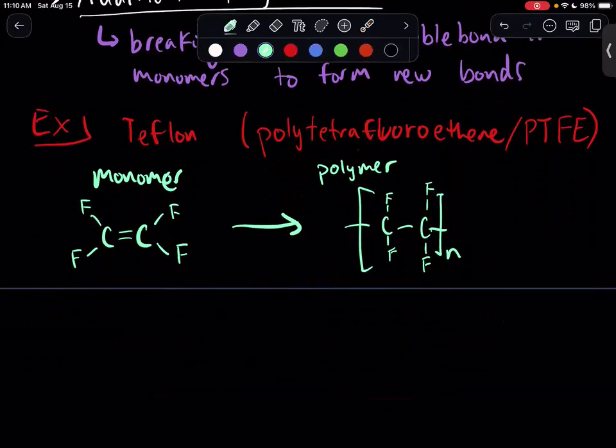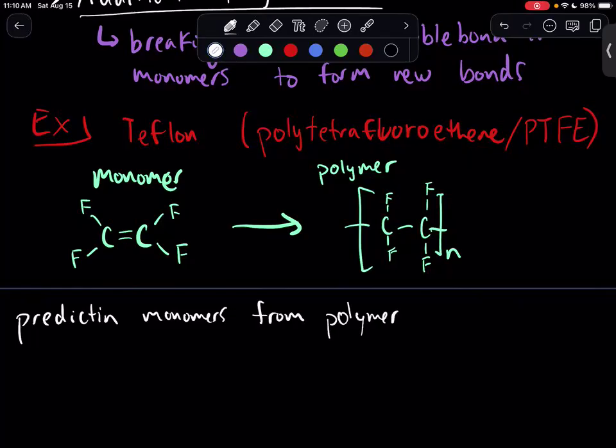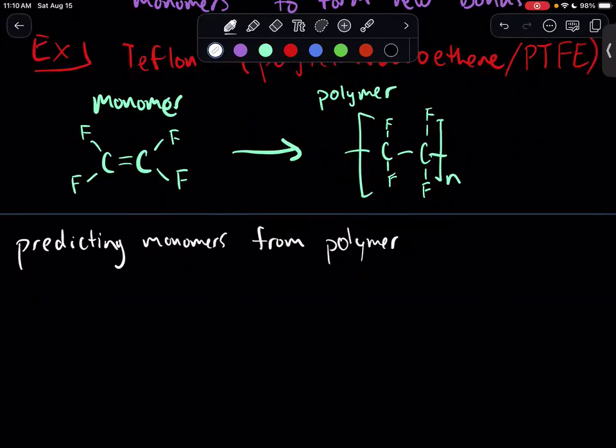So with that, we can actually start predicting monomers from the polymer. So this is what you should be able to do in this unit. So if we look at some of the simple ones we talked about last time, maybe like the simplest one, polyethylene, which polyethylene is the IUPAC name, but you can always just use the commercial name, which is polythene.